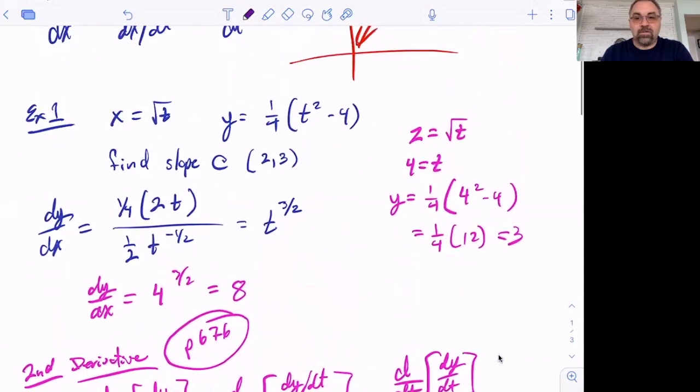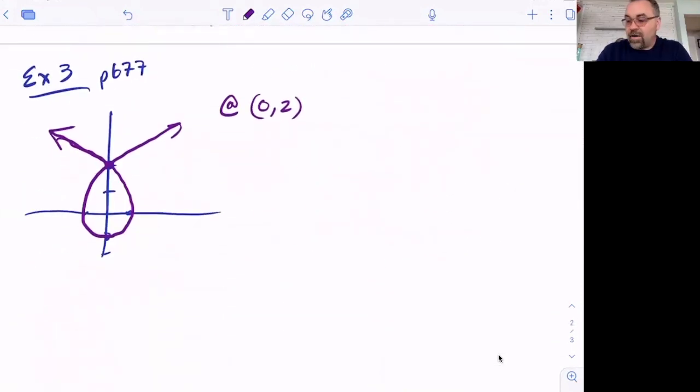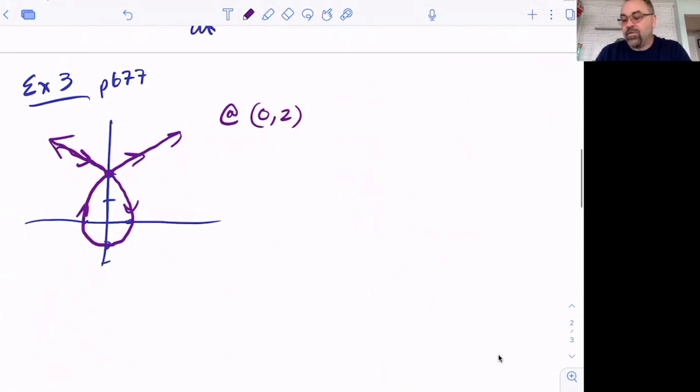That was going to give us the point 2, 3. But it looks to me like, depending on the orientation of this graph, there's going to be an early point where for t we get 0, 2, and then it's going to go through this loop, and then later there's going to be another point where we're going to go through that loop. And so we'll want to figure out what those values are.